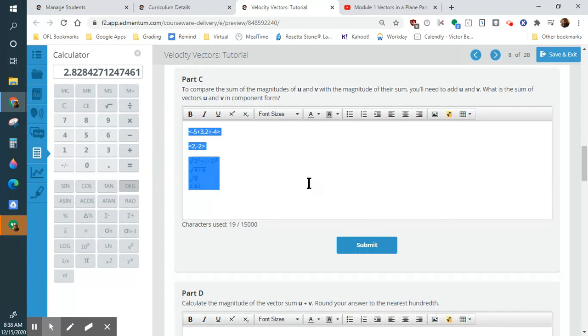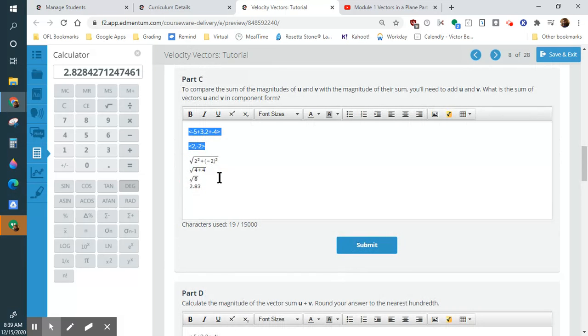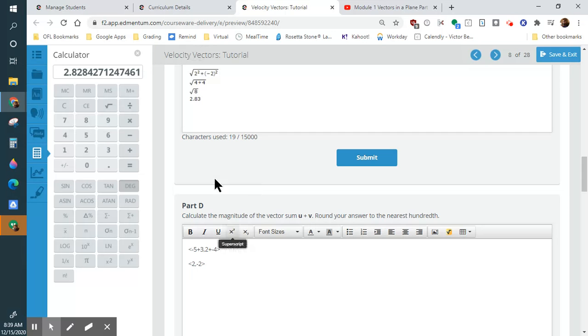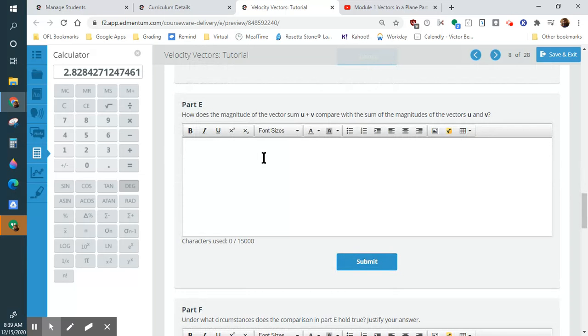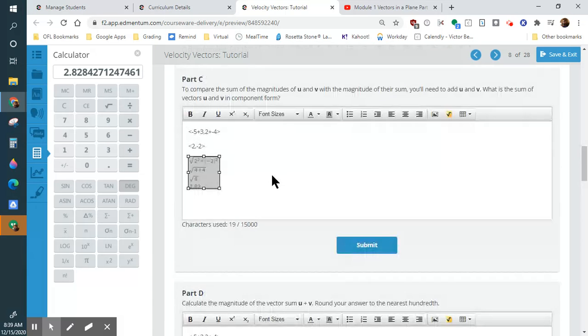Okay. So hold on. I jumped ahead, guys. I jumped ahead a lot. So this is how you calculate them together. This is going to be how you calculate the magnitude. So calculate the magnitude of the sum to the nearest hundredth.